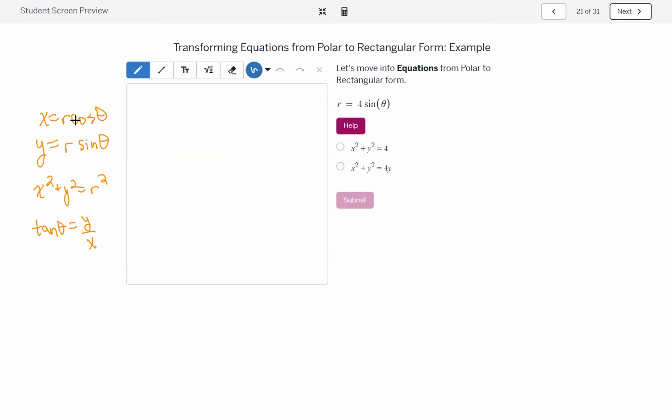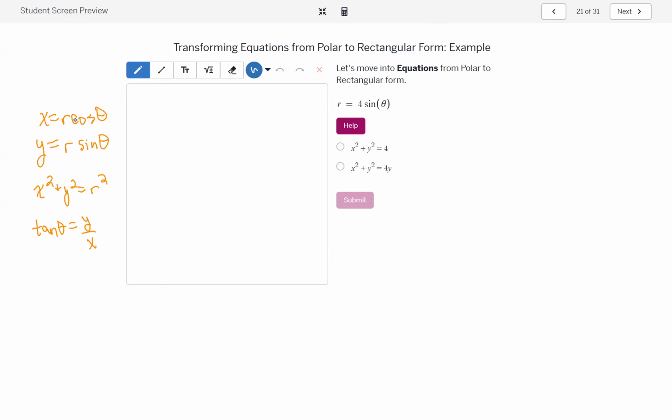All right. So now we want to transform this weird polar equation back into a rectangular equation. So any of our 4 polar formulas are fair game to help us out here. Now, I don't have just an r equals and just a theta equals.